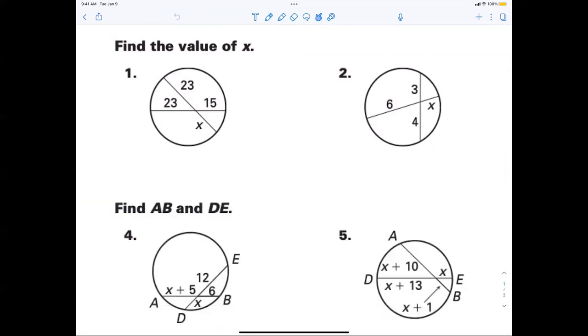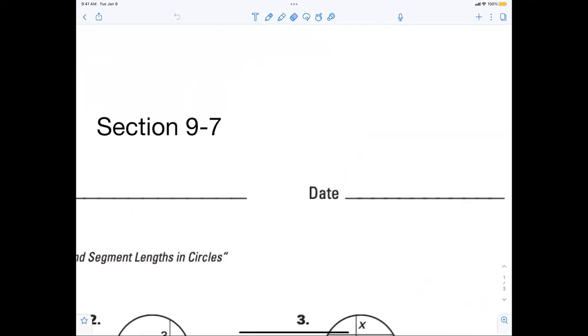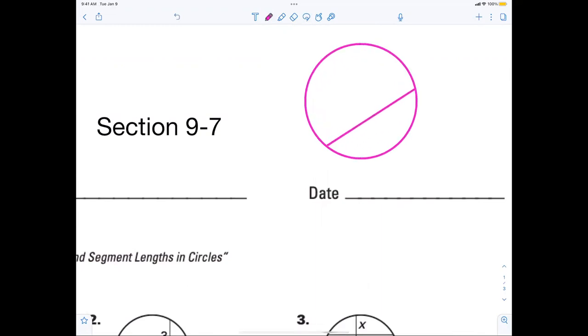The rule basically is, and if you want, you can draw yourself a circle. All right, and then we have intersecting chords. If you call these parts A, B, C, D, notice it doesn't say they're a diameter.